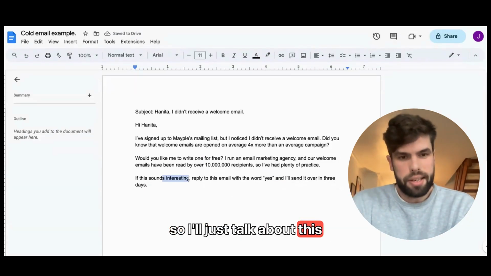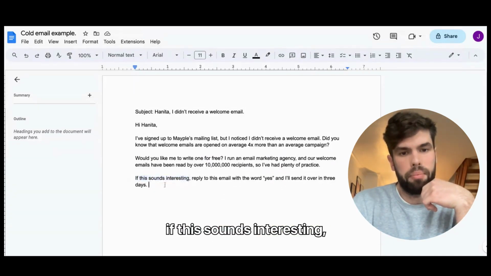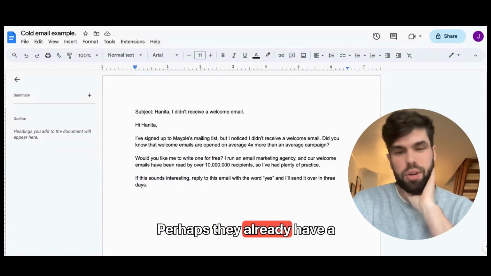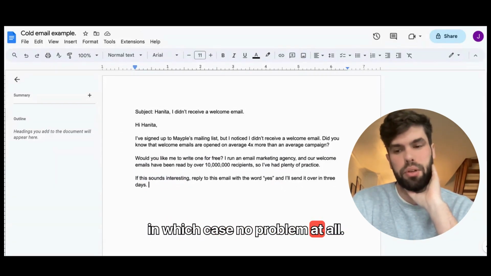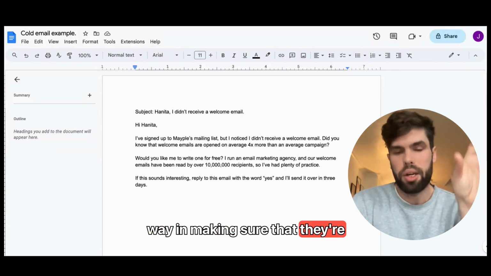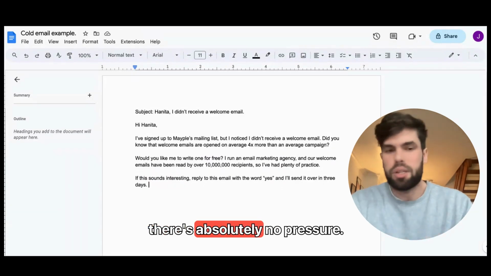Right, so I'll just talk about this sentence very, very quickly. This is very low pressure. If this sounds interesting, posits the idea that it might not be interesting to them. Perhaps they already have a welcome email that they just need to click activate on, in which case, no problem at all. Some people will go quite a long way in making sure that they're not pressurizing their recipient. So they might say, for example, there's absolutely no pressure.